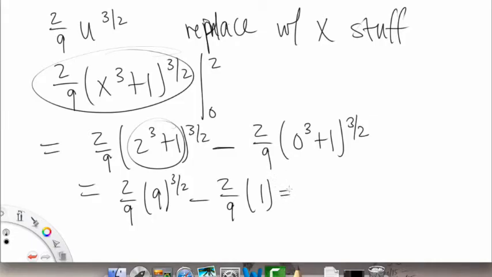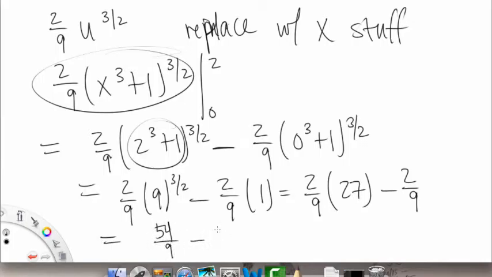The square root of 9 is 3, and to the third power is 27. So we have 2 over 9 times 27, which is 54 over 9, minus 2 over 9. This will give us a positive 52 over 9 as our answer.